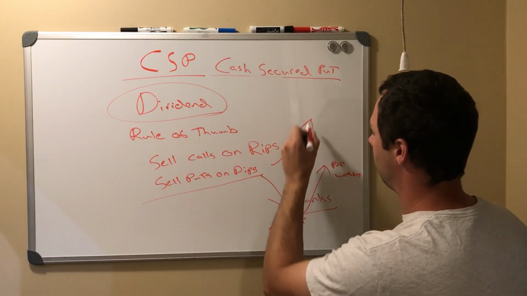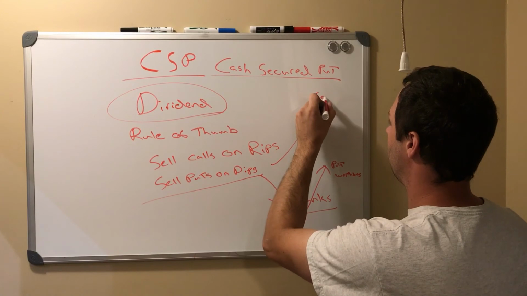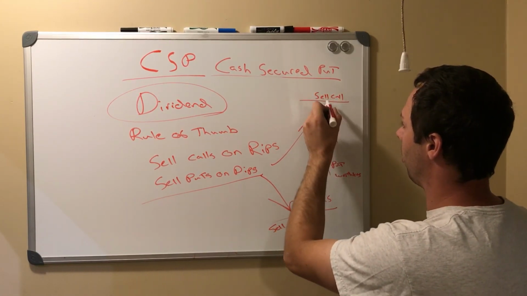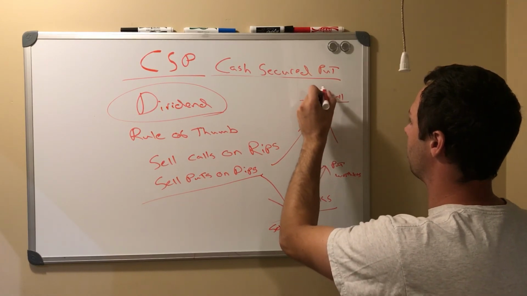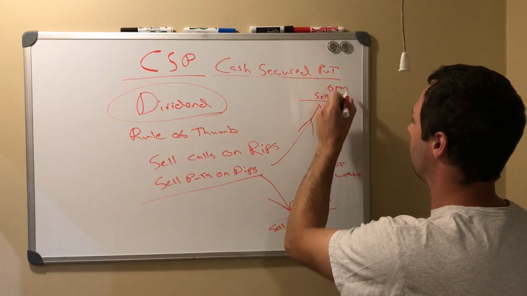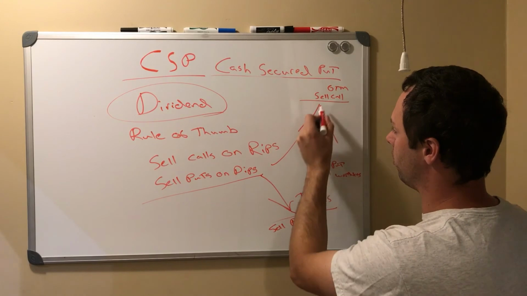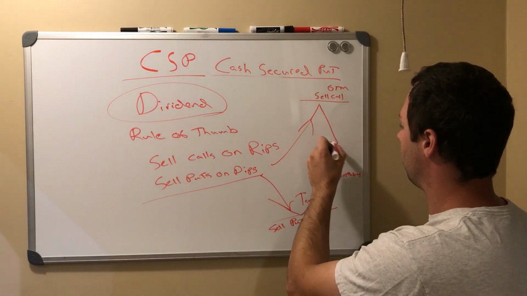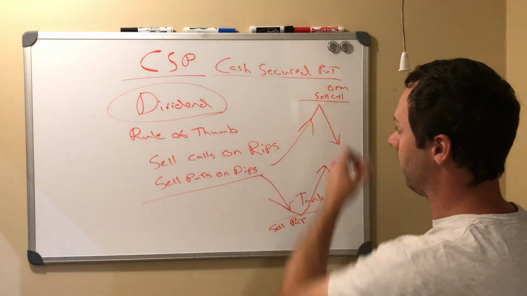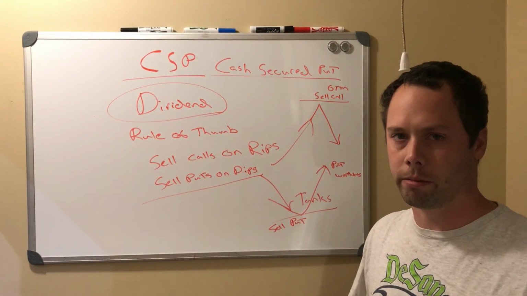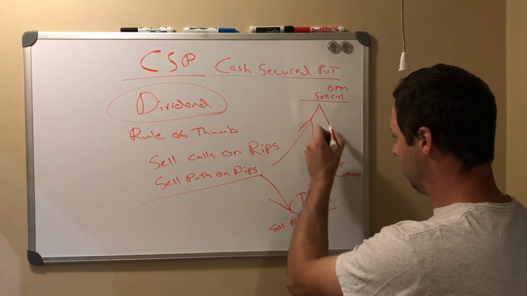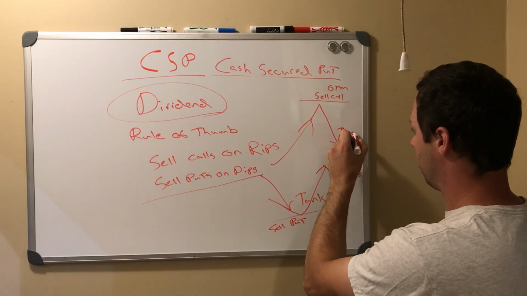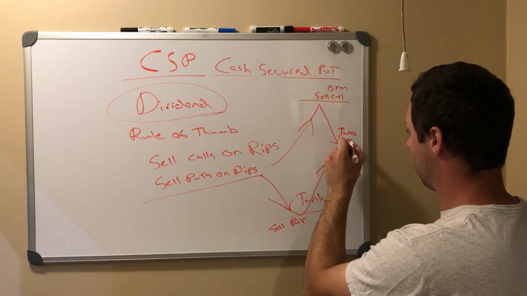For the call, hopefully the call that you sold that was out of the money, the likelihood of you selling that out of the money call on a rip, and it expiring in the money, your shares getting called away, is kind of low. So then the stock price tanks afterwards.